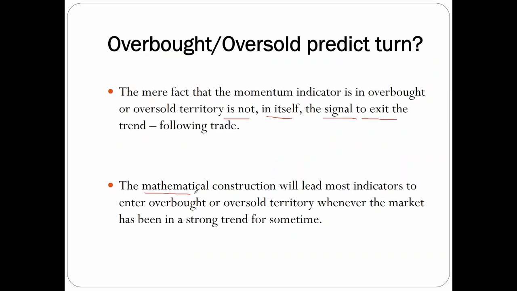The mathematical construction will lead most indicators to enter overbought and oversold territory when the market is in a strong trend. When you are talking about a banded oscillator, it is calculated to move between 100 and 0.